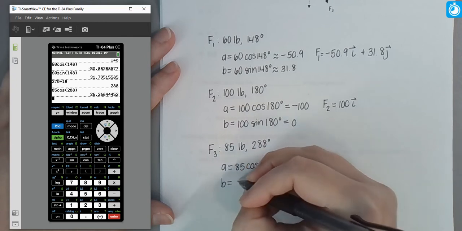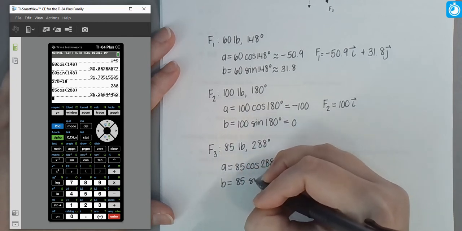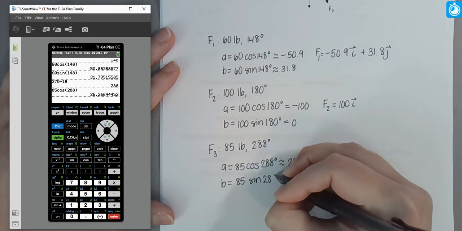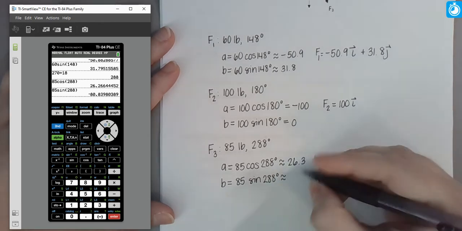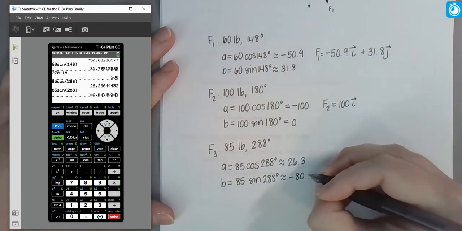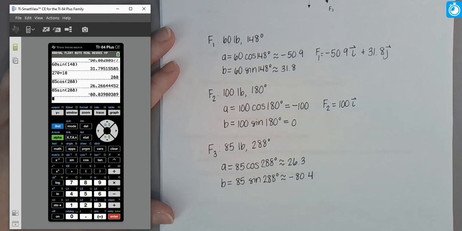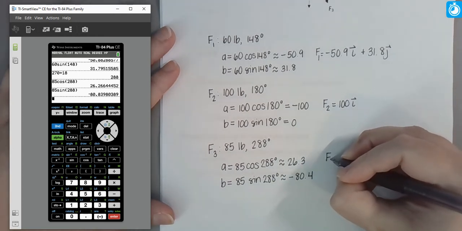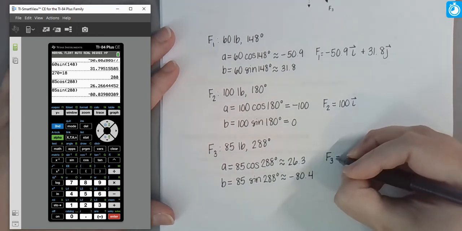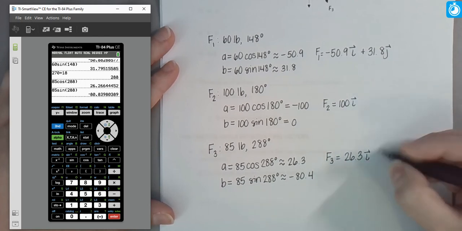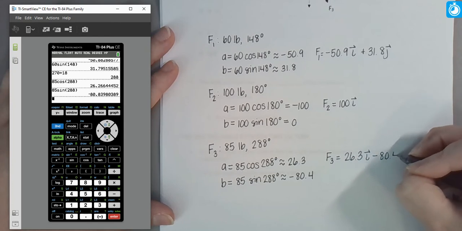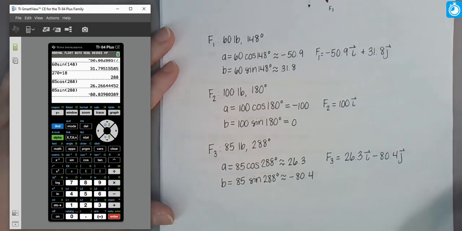And then the vertical component, 85 times the sine of 288 degrees, negative 80.4, and again it's negative as we expect. So in unit vector notation, that's going to be 26.3 times the vector I minus 80.4 times the vector J.